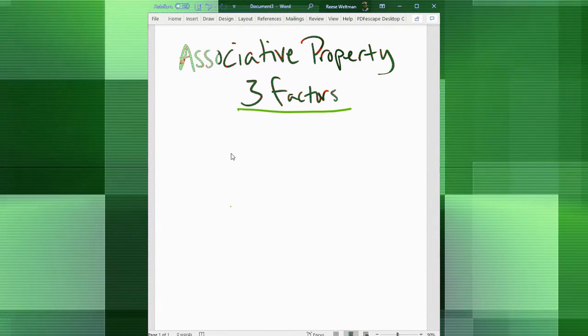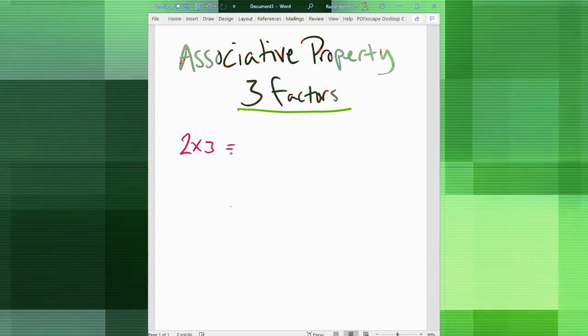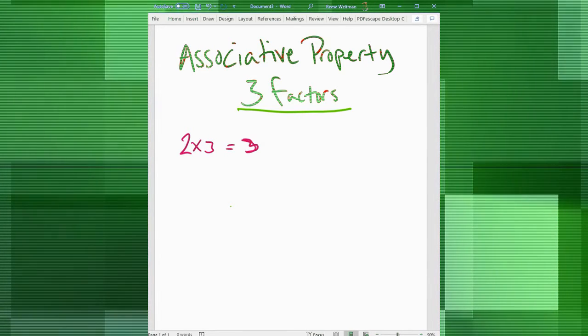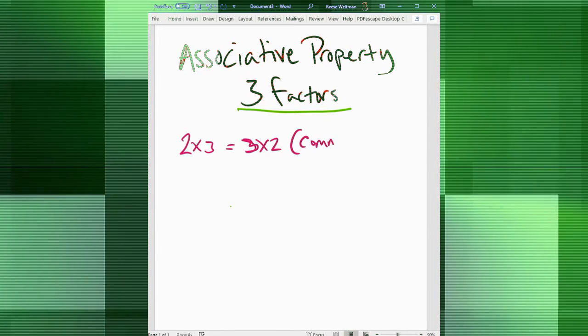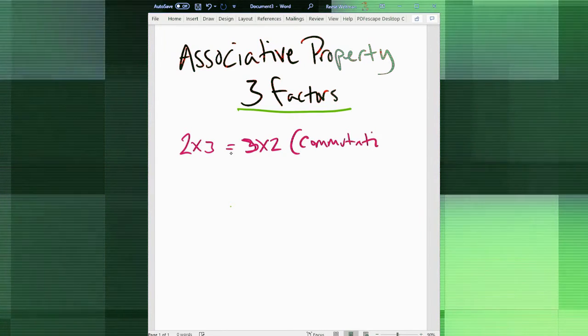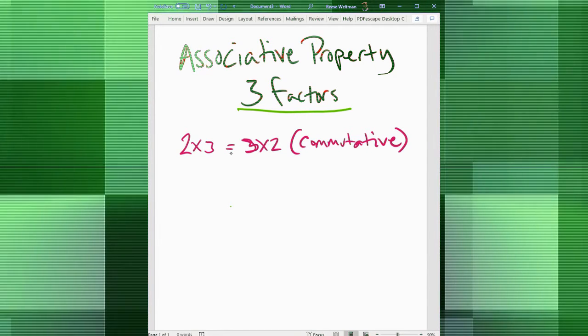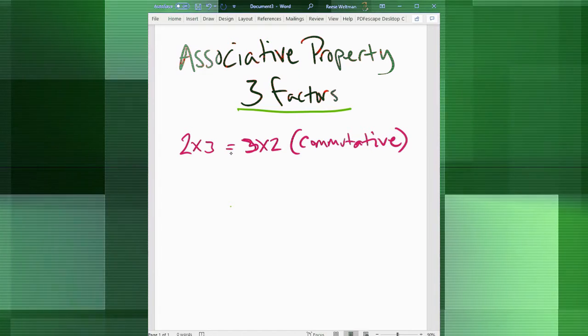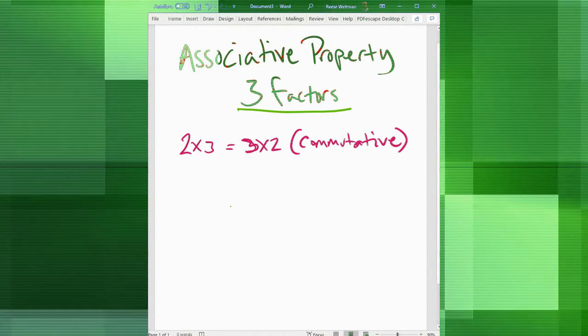So if we have something like 2 times 3, that's the same as 3 times 2, okay? So we are looking at something similar, and similar to the distributive property as well, because we're able to group factors differently and still end up with the same product.